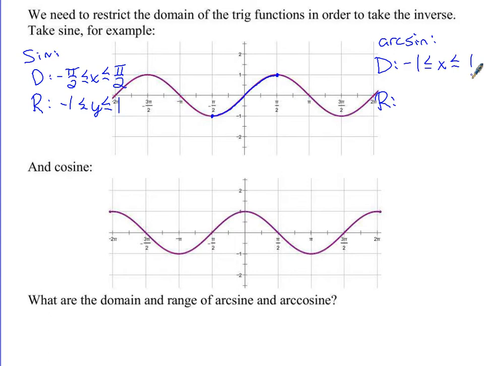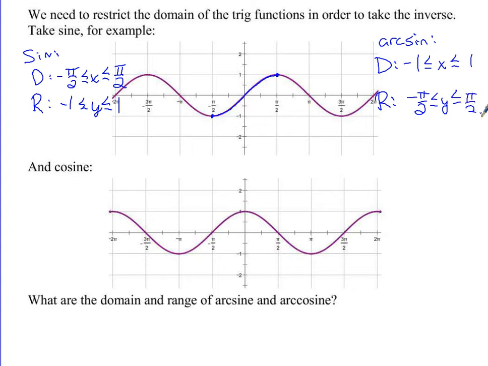That was the domain, or that is the domain. It came from my range of the original. And then the range is -pi/2 is less than or equal to y is less than or equal to pi/2.